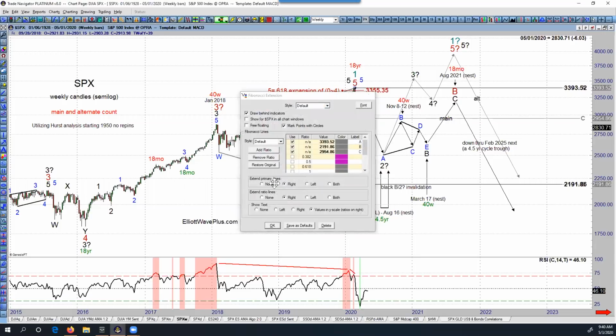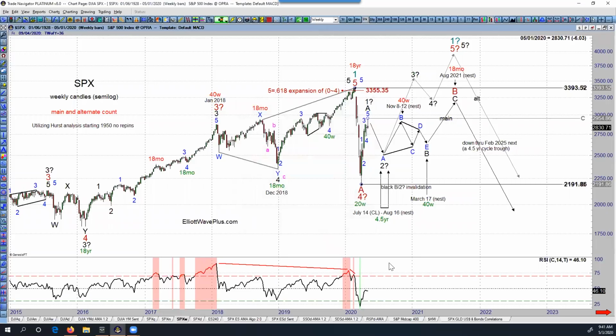So there's the main and the alternate, and notice that the next thing that Hurst is expecting is a move down into the July-August timeframe. So here's another way to look at what's going to happen over the next year, and this would exemplify a constant battle between the global central banks and a deflationary environment that would go on for a while here.